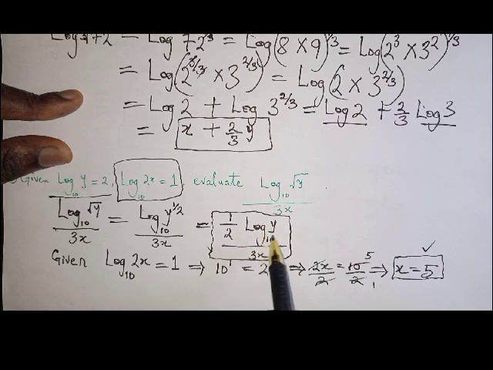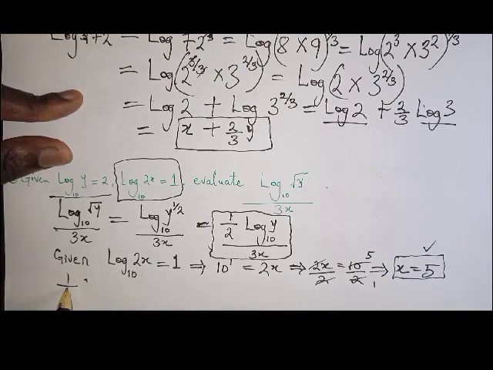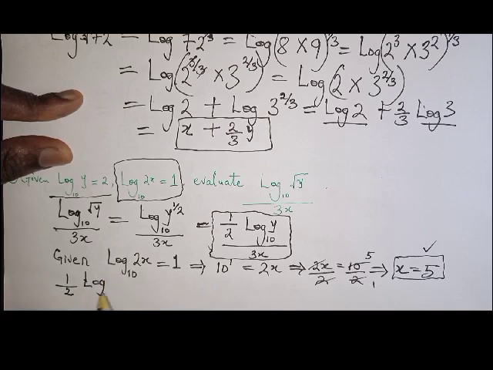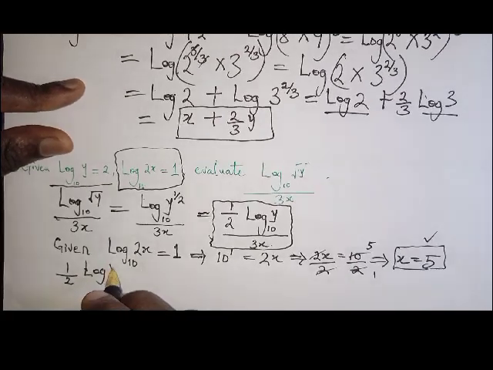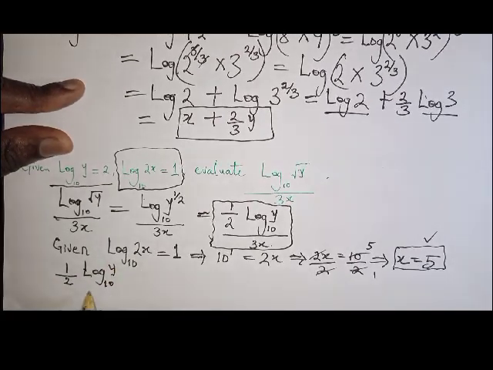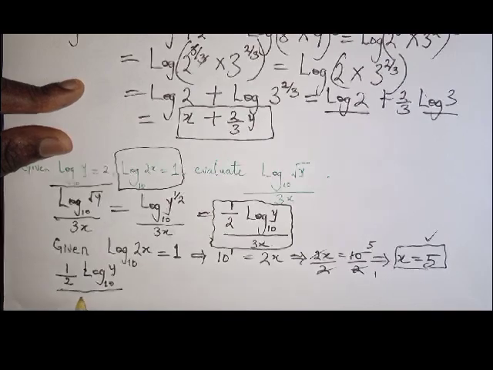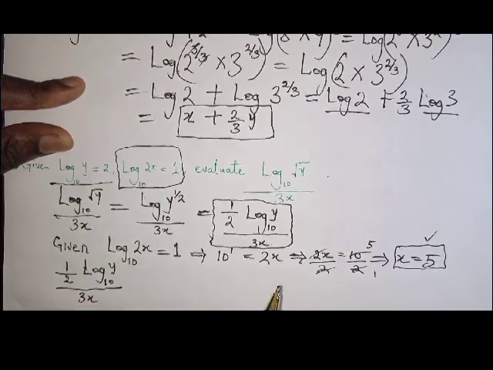Remember, we're given that log y in base 10 equals 2. So I'm going to slot them in. So what I have now, from half log y in base 10 all over 3x.